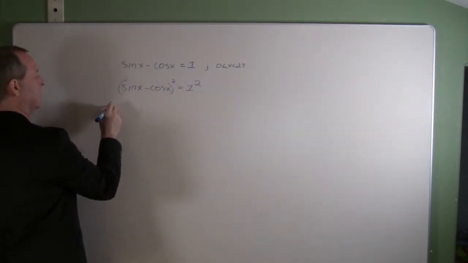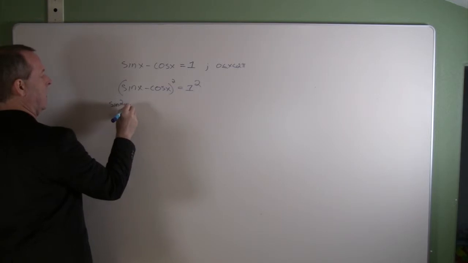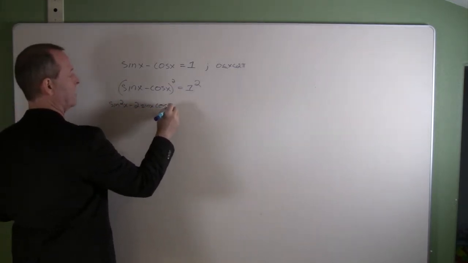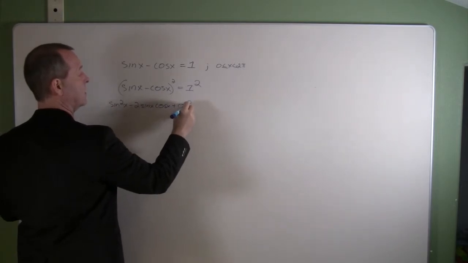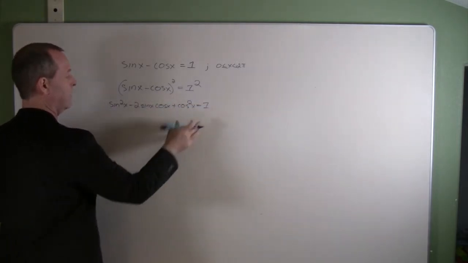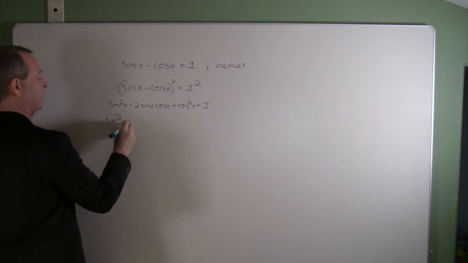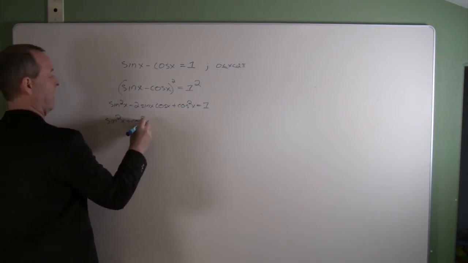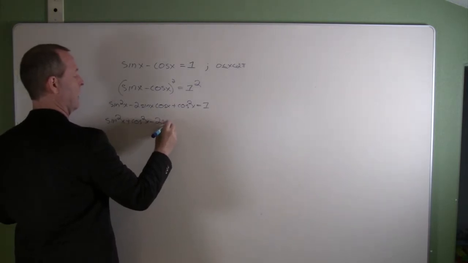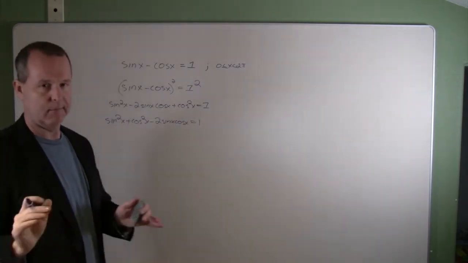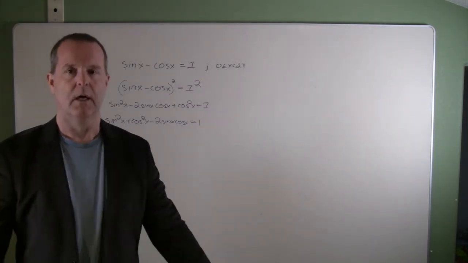That becomes a sine squared x minus a 2 sine x cosine x plus a cosine squared x equals a 1. I'm going to put the sine squared of x plus the cosine squared of x minus the 2 sine of x cosine of x equals a 1. All right, I'm going to stop and let you catch your breath here.